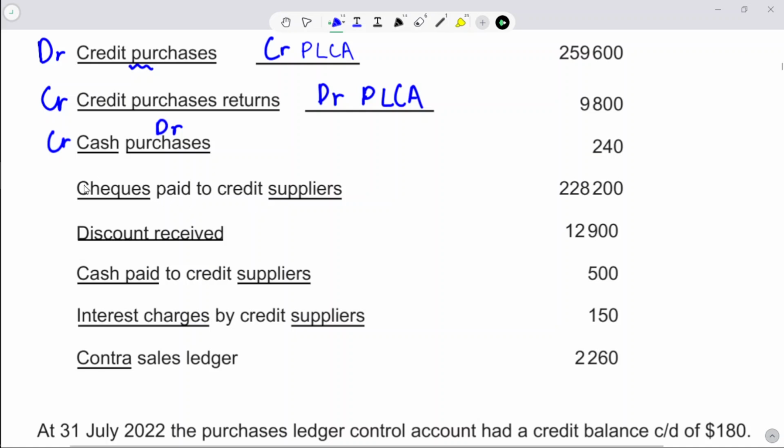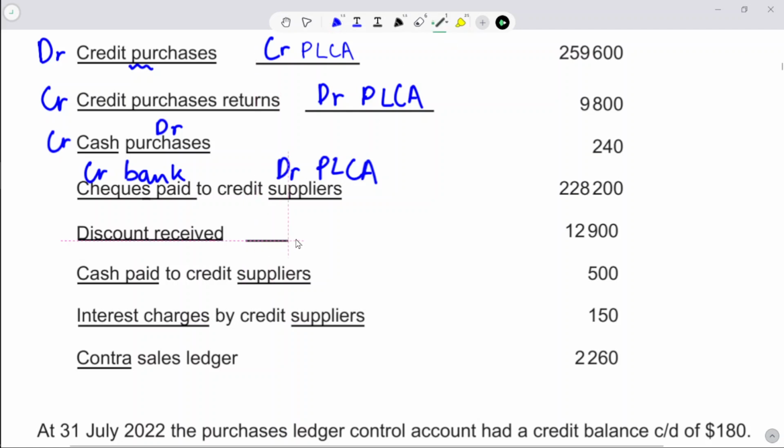Okay. Let's see here. This one is a cheque paid, right? So it's credit bank. Okay. And debit. Okay. Supplier is also known as PLCA. So just put PLCA. Okay. And this one line only.